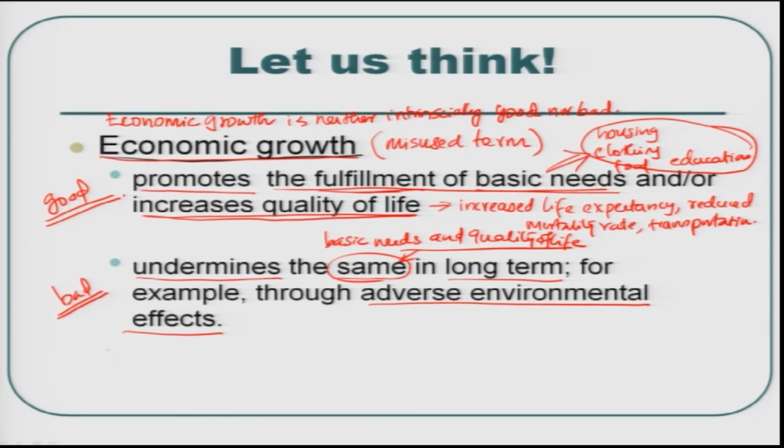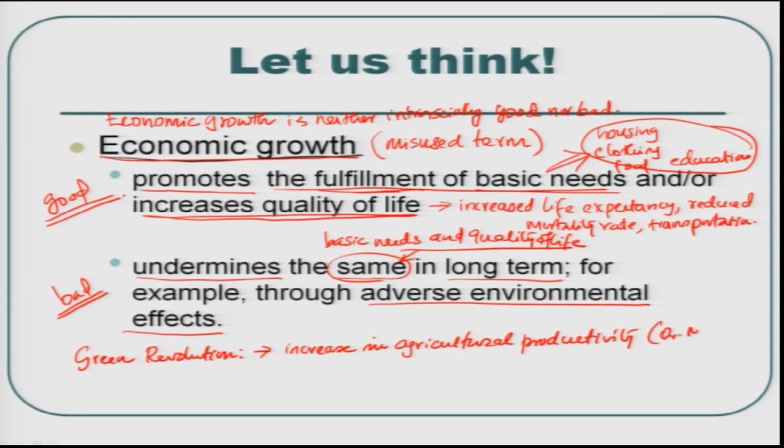So let me give you an example, a big example. Everybody has heard about the green revolution. This is in India, an increase in agricultural productivity. We all heard about Dr. M.S. Swaminathan, who was the champion of this whole thing.